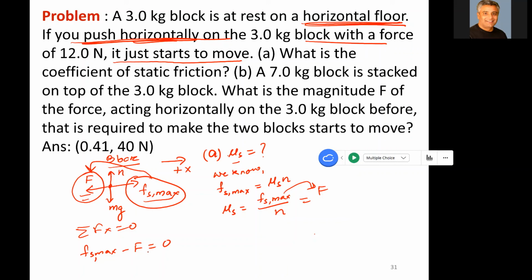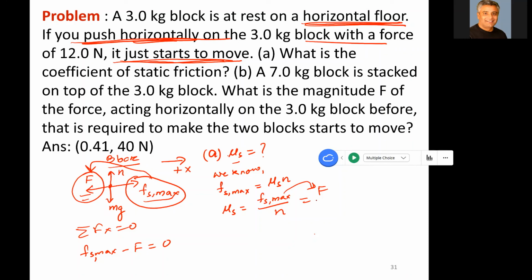So it's not really moving, but we know it's about to move. So the static friction force has become maximum. That's the key word. Keyword for that, the second choice you said, okay? I'm glad you confirmed it.